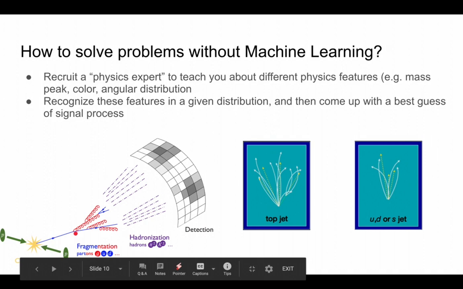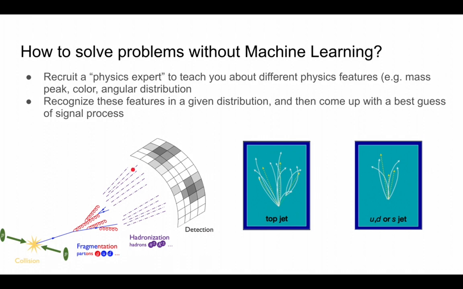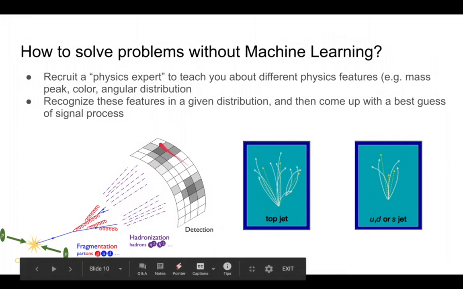The quark fragments into multiple gluons, and a gluon can further split into a quark-antiquark pair. Eventually, quarks and gluons hadronize into color-neutral mesons or baryons, and those stable hadrons can fly some distance, interact with the detector, and provide useful features that can be used for a classification problem.